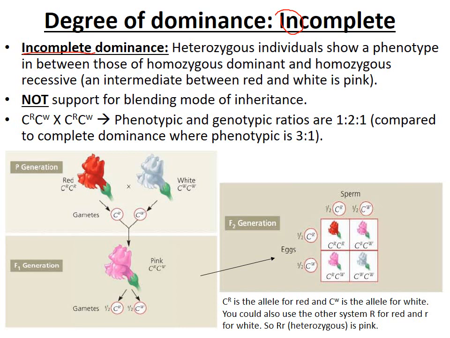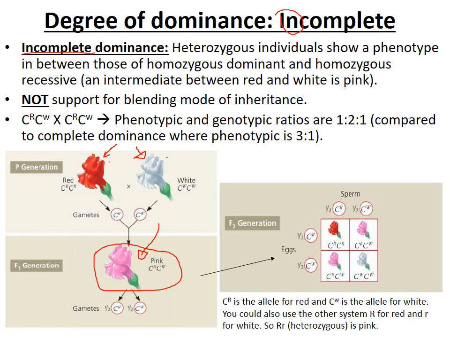So instead what happens is you have an intermediate, a mix between the so-called dominant and the so-called recessive. If we have a red flower and a white flower, and red is incompletely dominant to the white, then we get a pink flower, an in-between color.